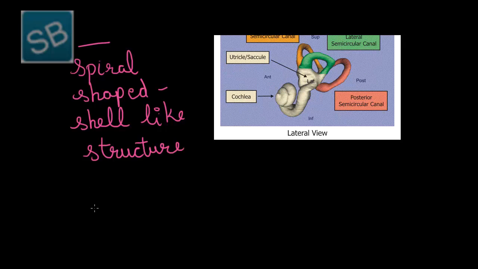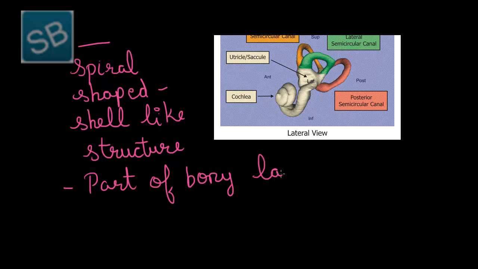Unlike the before two, that is vestibule and semilunar canal, this cochlea is a part of bony labyrinth. That is, the previous two were a part of membranous labyrinth and this was a part of bony labyrinth.